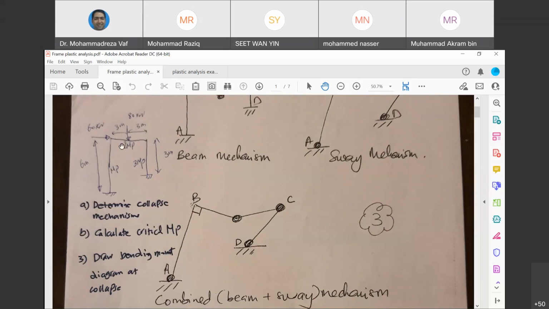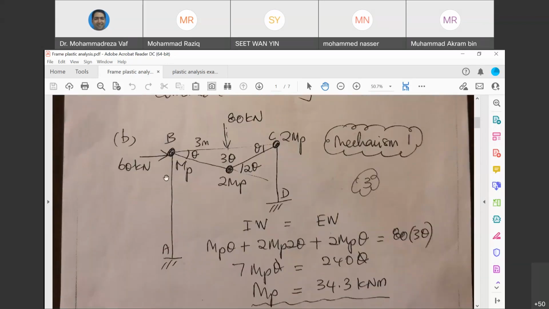So you can see for this beam, the section is 2 MP, and here is MP, and here is 3 MP. If you want to calculate the plastic moment on the left side, you'll see we need to use MP. If you want to calculate for the right side between 3 MP and 2 MP, we calculate it based on 2 MP because this is the smallest. So that's why you can see here is MP, here is 2 MP, and here is 2 MP.